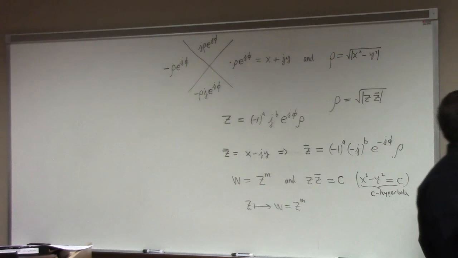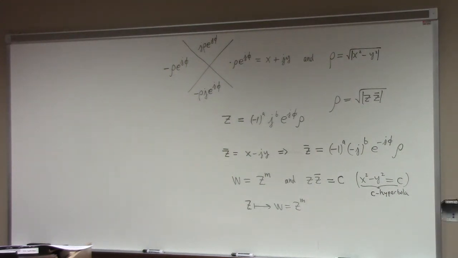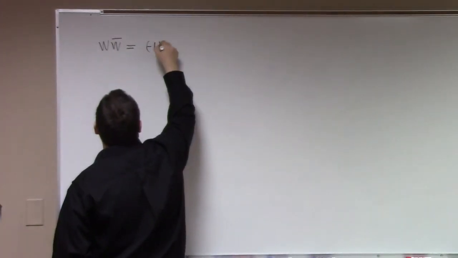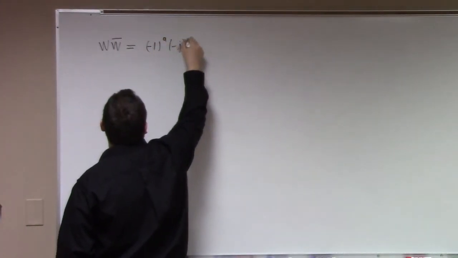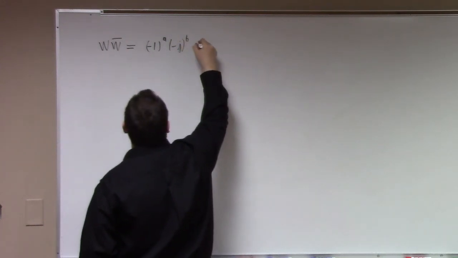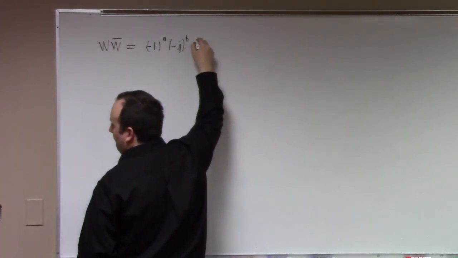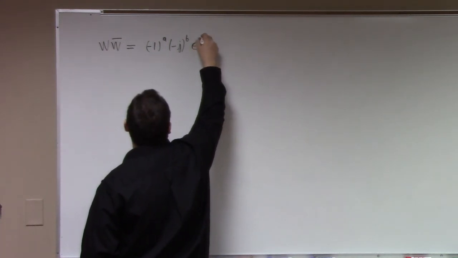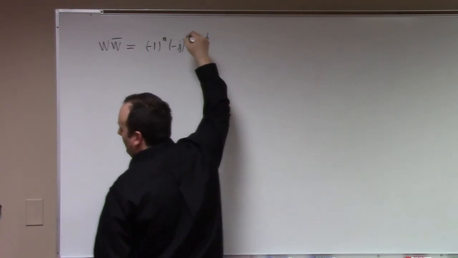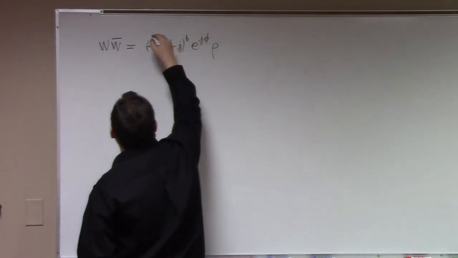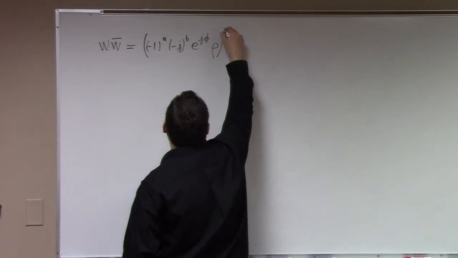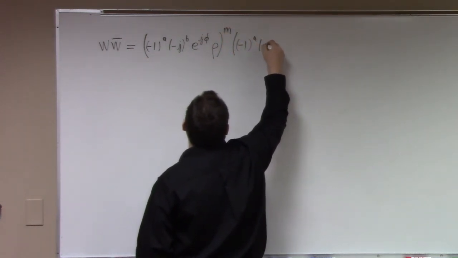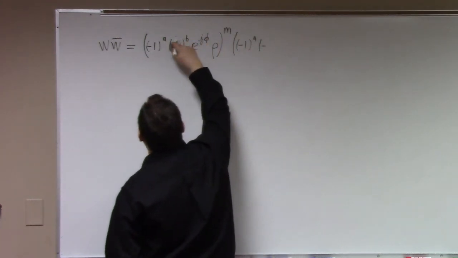If you calculate w bar, what do we get? We get minus 1 to the a, minus j to the b, e to the j phi, rho, that to the m power, times minus 1 to the a, minus, oh, did I say minus? I meant j. Sorry.